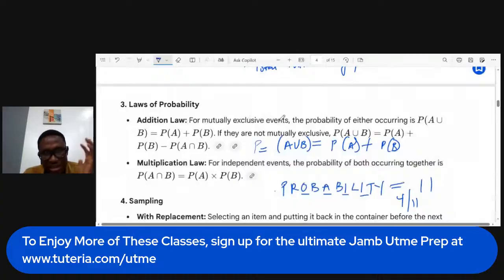That means they can either score 0 or 1. They can't score 0 and still score 1. If they score 1, that means they can't score a 0 again. Can you now see what I'm saying about mutually exclusive events? Mutually exclusive events cannot occur together, and that is where you use the addition law of probability.